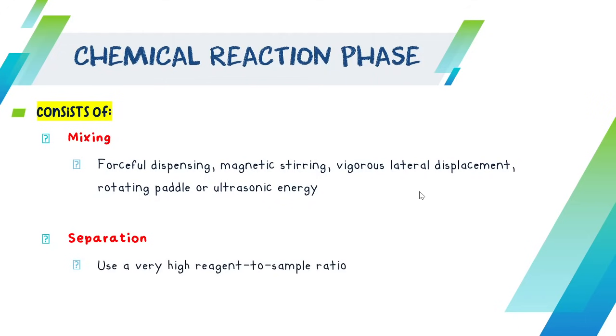Then, separation. Separation is in relation to removing interferences. This is what separation is used for here: separating your desired substance from the other substances not needed and interferences. So to separate properly, you need to use a very high reagent to sample ratio.